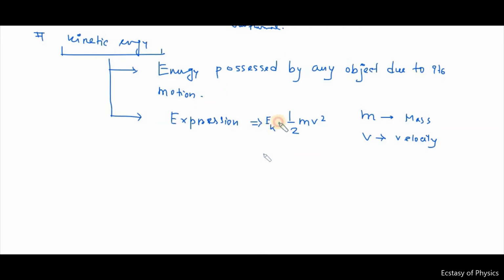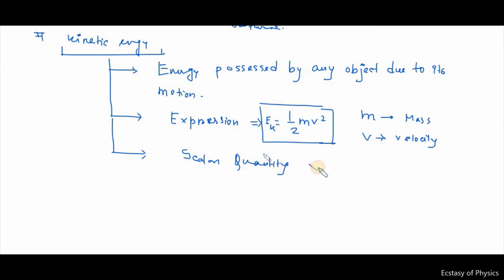It can be expressed as EK. Since kinetic energy is a part of energy, and earlier we defined energy as a scalar quantity, kinetic energy is also a scalar quantity and its SI unit is the same as energy, that is joules.